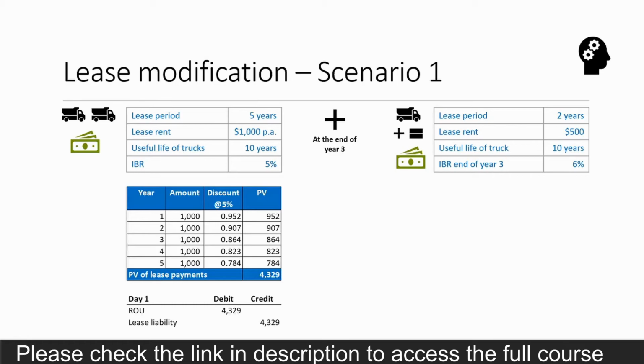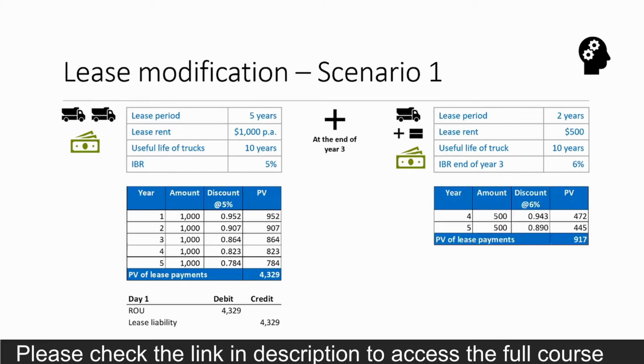And we can comfortably say that this modification falls in the first bucket of lease modification, which we discussed just now, and should be treated as a separate lease. In this table, the lease liability for the new truck based on the revised IBR of 6% is worked out.